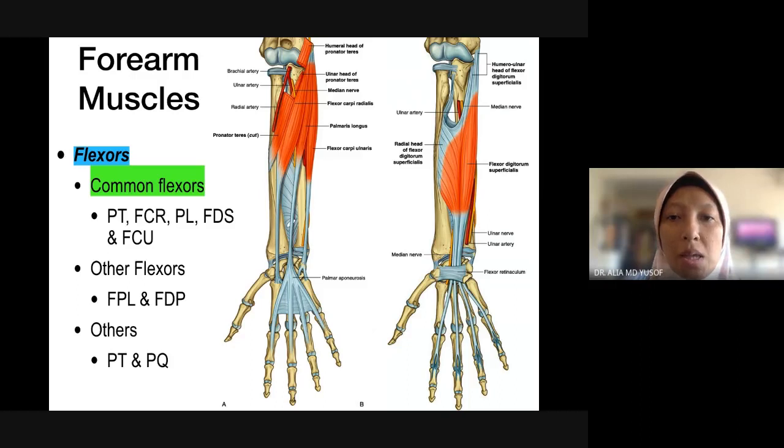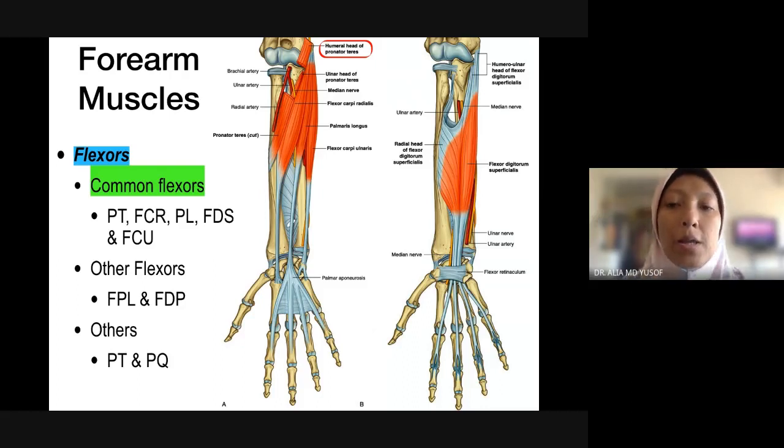What are they? Number one, the pronator teres muscle. Pronator teres is the only common flexor muscle that does not help in wrist flexion. It is actually the main pronator of the proximal radioulnar joint.